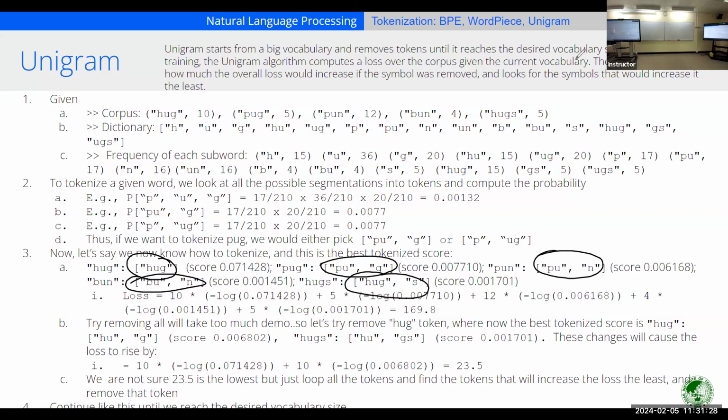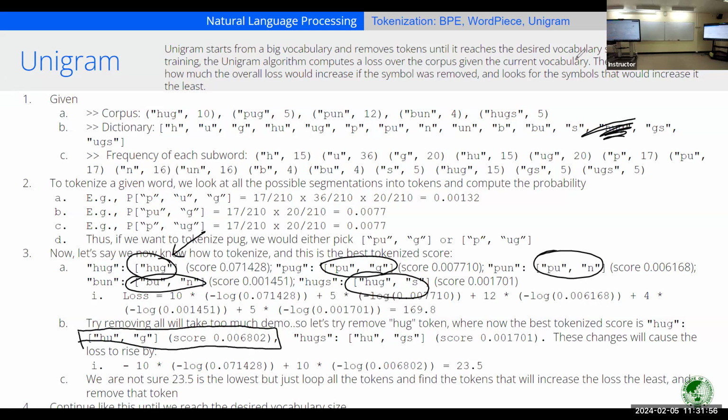First of all, let me try to see what if I delete this guy. If I delete Huck, it means from the dictionary, this guy will be gone. Then Huck should not be tokenized like this because there's nothing there. Then the next possible way is only this way.